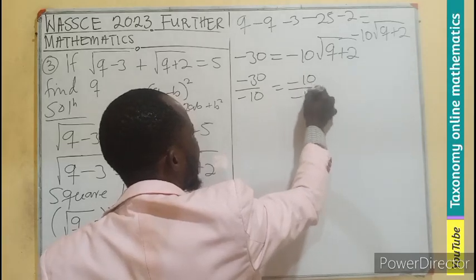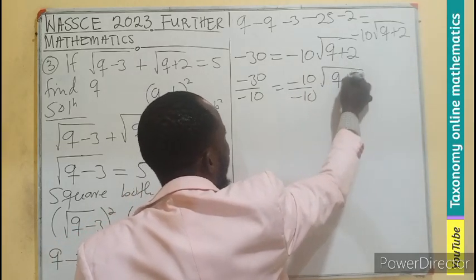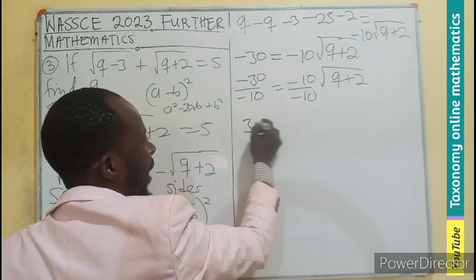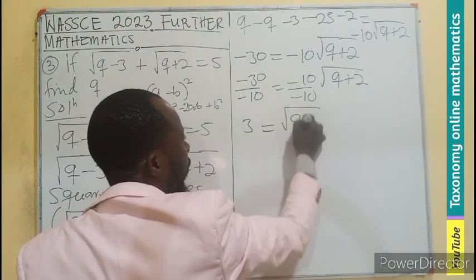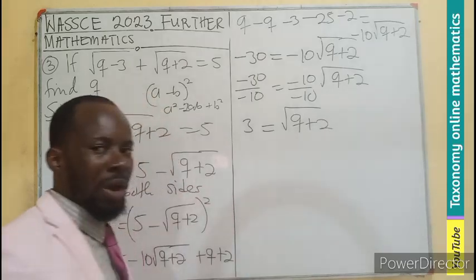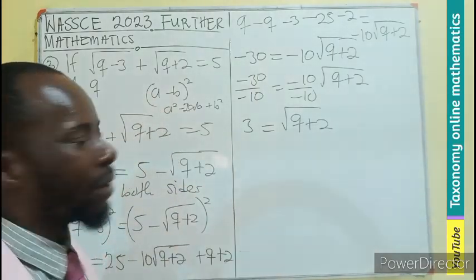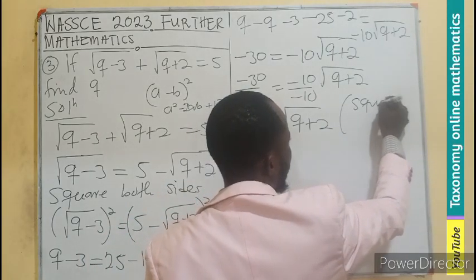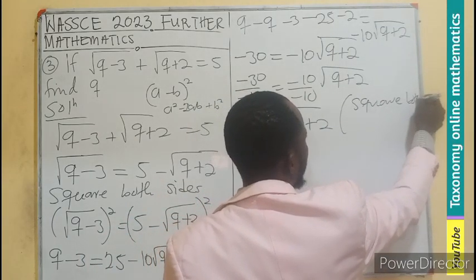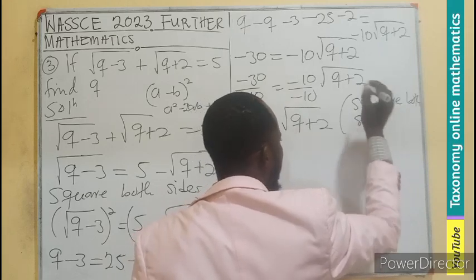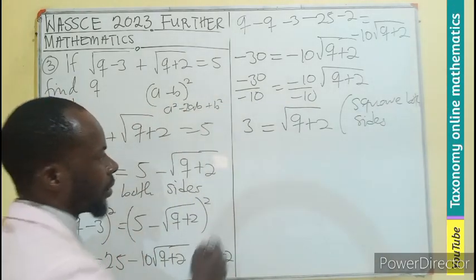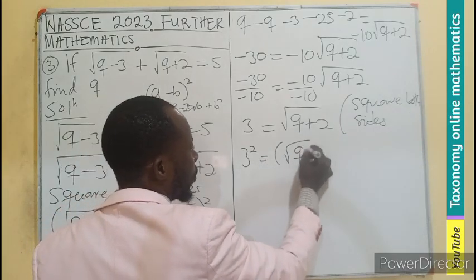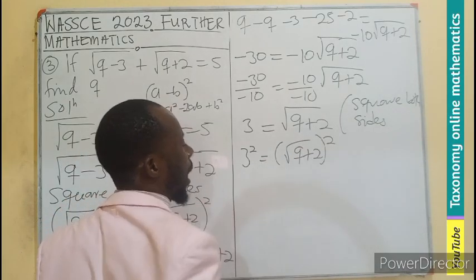Negative 30 over negative 10, and negative 10 over negative 10 will cancel. We'll be having only 3 equals the root of q plus 2. We are looking for the q, which is still under the root, so we square both sides again. If you square both sides, you'll be having 3 squared equals the root of q plus 2 all squared.